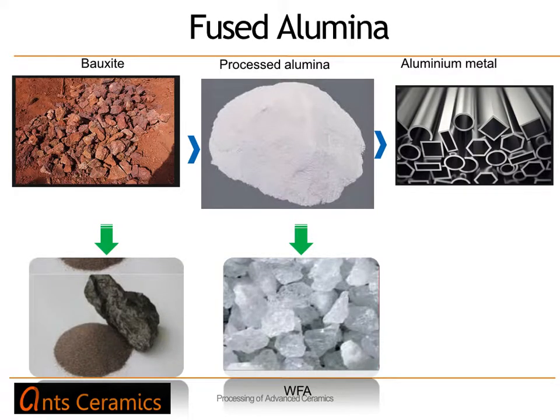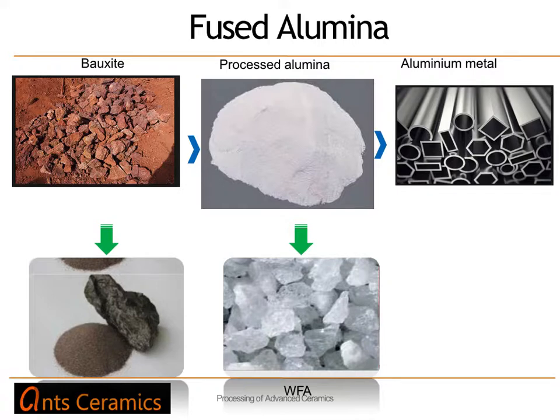In industrial applications, fused alumina plays a very vital role. Brown fused alumina and white fused alumina are two important ingredients in many ceramic applications. In the Bayer process, from bauxite, aluminium metal is made, and there is an intermediate material, that is processed alumina.